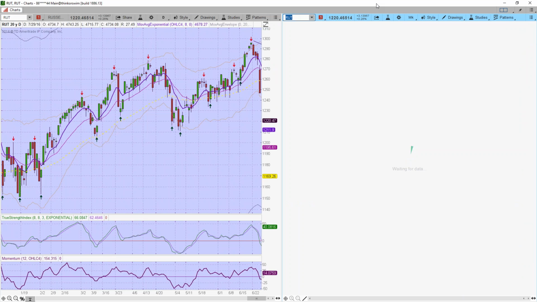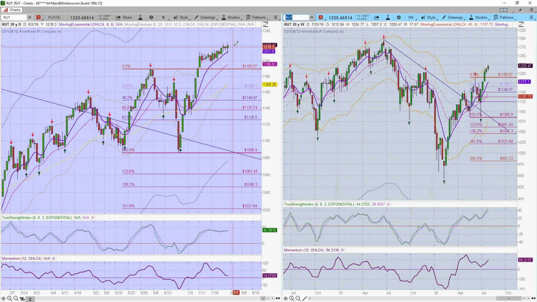Russell, as we saw earlier, has in fact pushed on up into, remember last night I talked about this 1225 level is a strong level of resistance because it coincides with these lows and where it touched before last year. It found support there, and then it turned around and became resistance once prices began to fall.